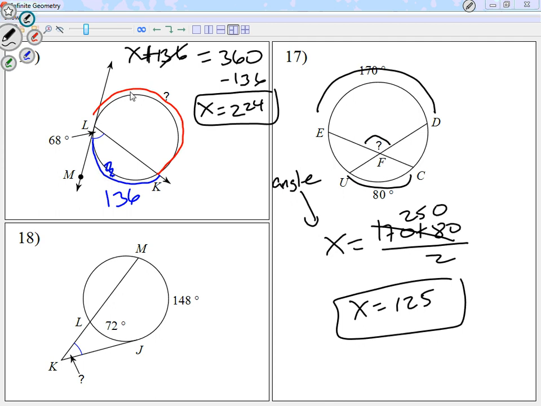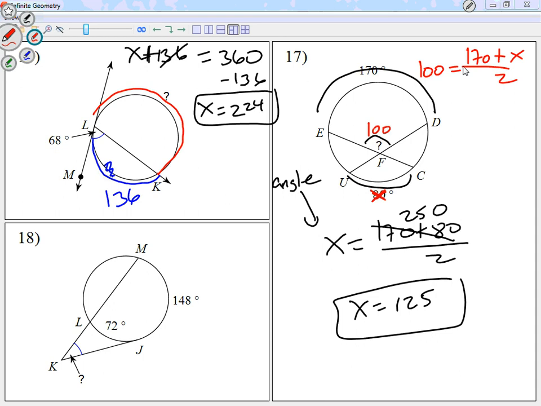To explain what I mean, let's say the arc is x and the angle was 100. So I'm going to make a different question. The way I will set it up, 100, that's the angle, equals 170 plus x over 2. Remember, I'm always adding the arcs. I cannot simplify the fraction, because I don't know what 170 plus x is.